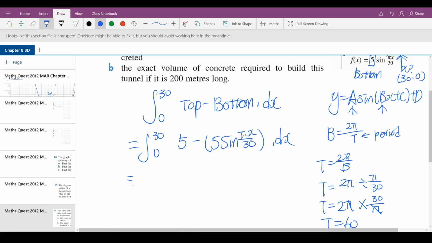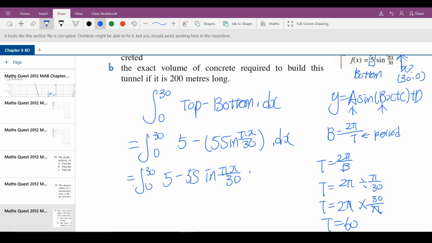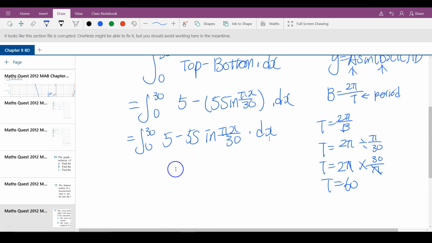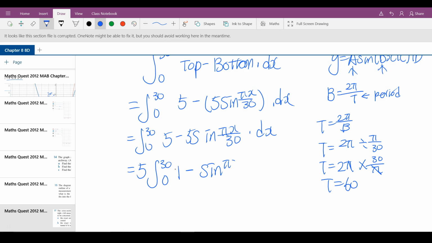So that's equal to, expanding the brackets, 5 minus 5 sine pi x over 30, integrated with respect to x. Is there something we can simplify? I suppose we can take out the common factor 5. So that becomes 5 times the integral of 1 minus sine pi x over 30.